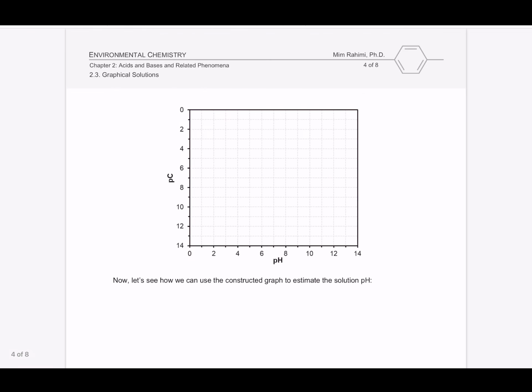So that means when we look at the graph, the maximum, the upper limit for the concentration of PR or HPR would be 10 to the minus 3, or minus log of 10 to the minus 3 would be 3.